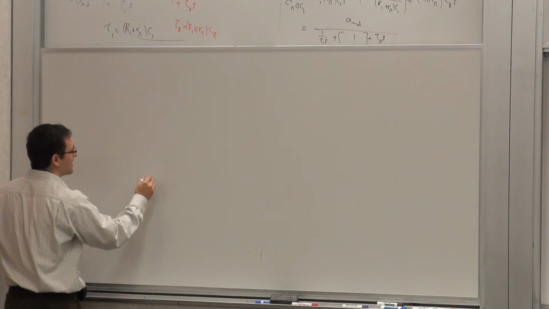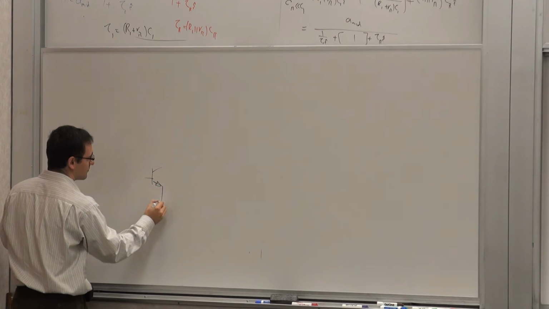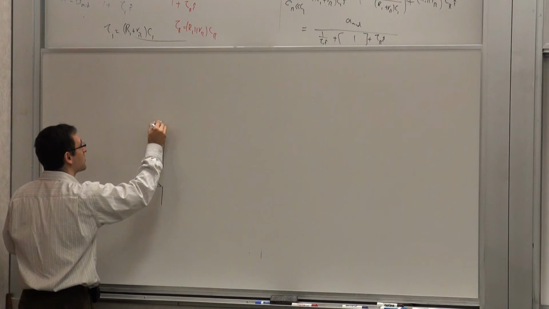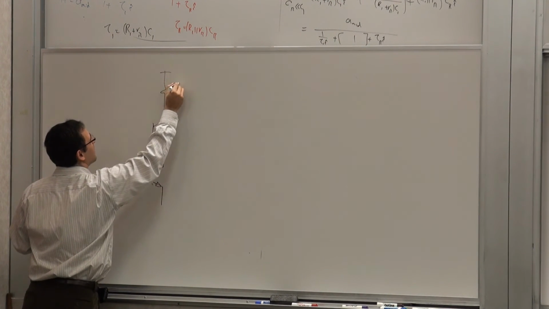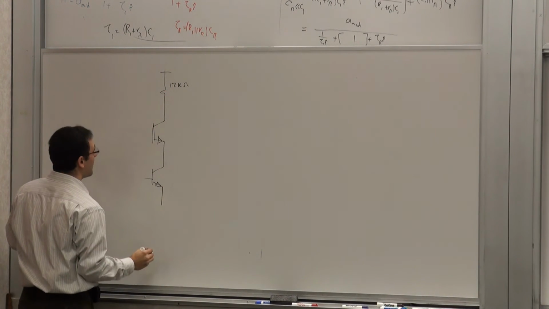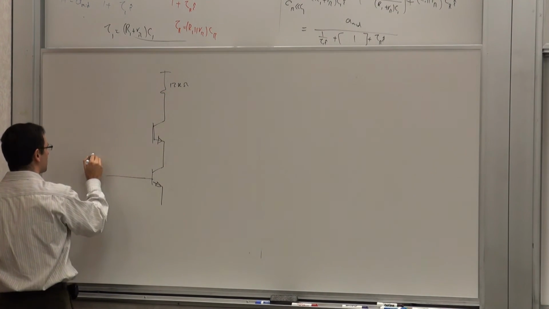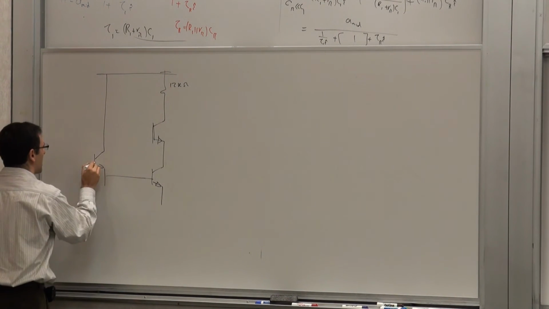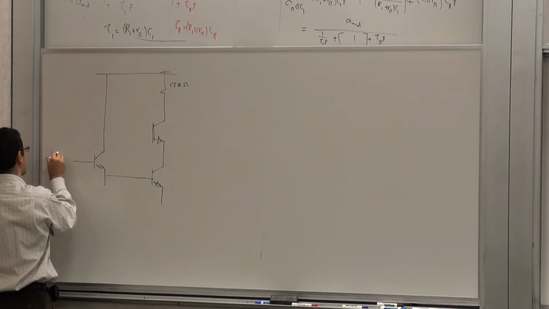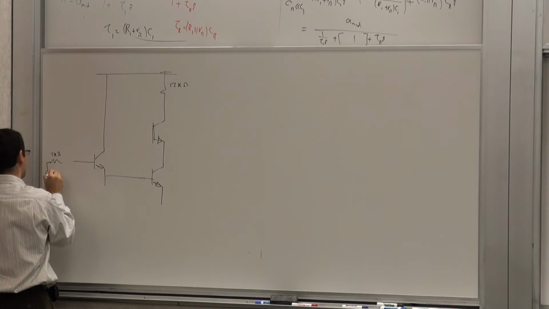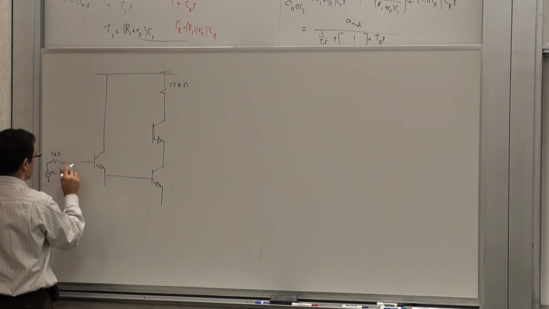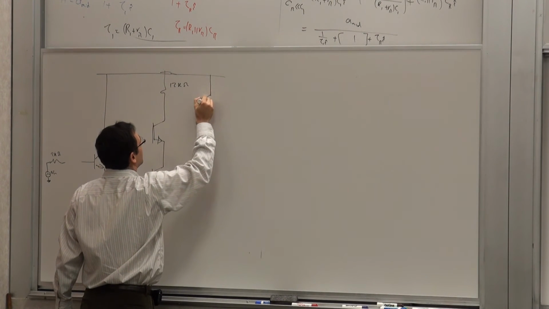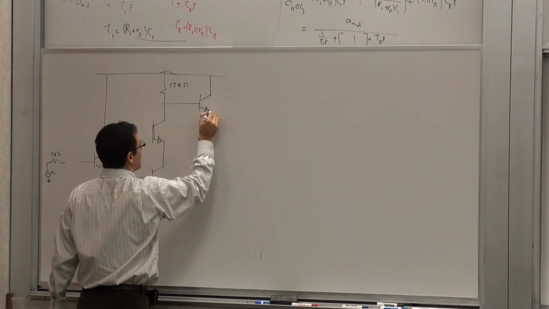You have a cascode stage, then let's say you have plus minus 12 volts supply. And then I think you have something like 12 kilo ohms here. And then you want to have a buffer, a common collector here. And then I think you have like 2 kilo ohms of source resistance at the input, and I had like a 5 picofarad load capacitance.